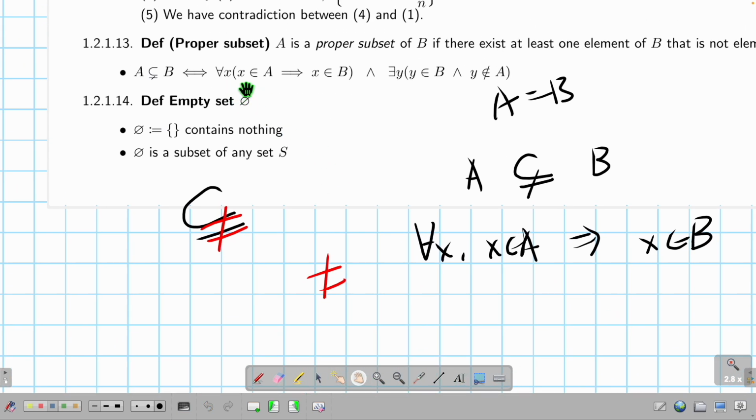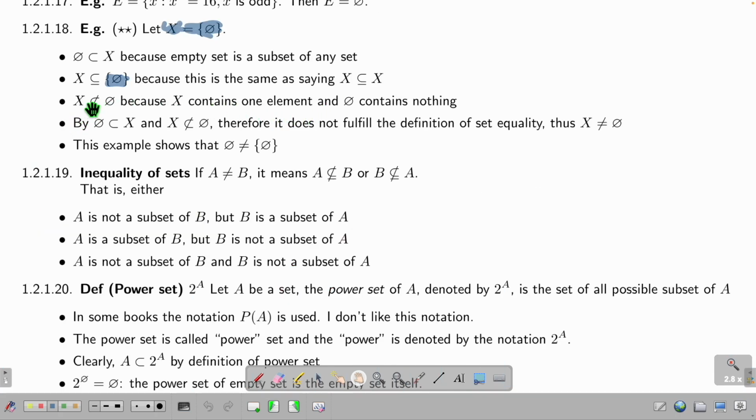Subset means for all x, x in A implies x in B. So for x, nothing is in x, but is nothing inside this? No, because nothing is defined as nothing. There's nothing here. You cannot put a stuff here. And you now here have a stuff. This stuff has the same symbol. We don't care. We just say there's a stuff there. Okay. So therefore we have this.